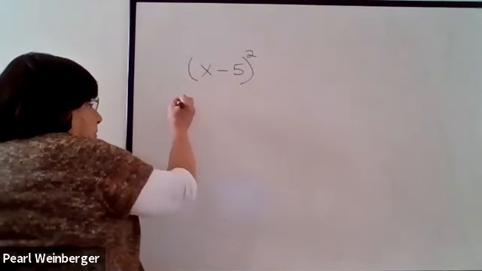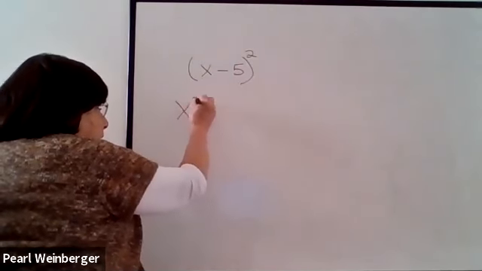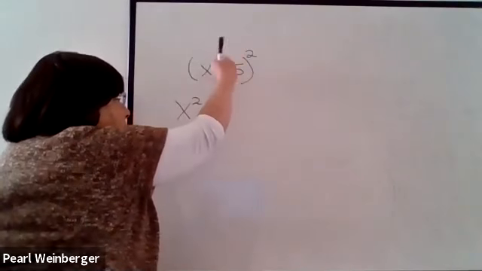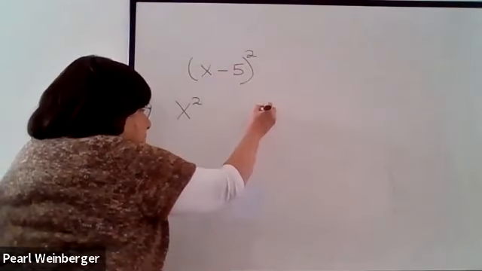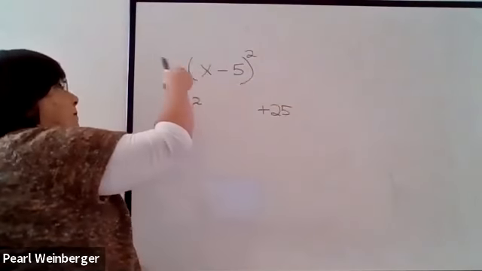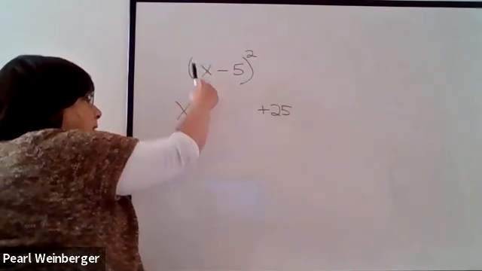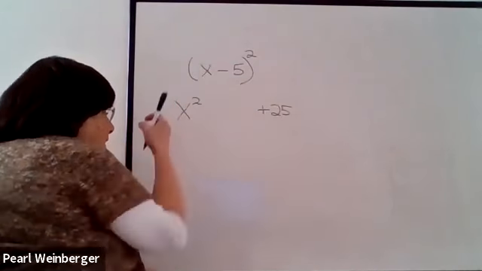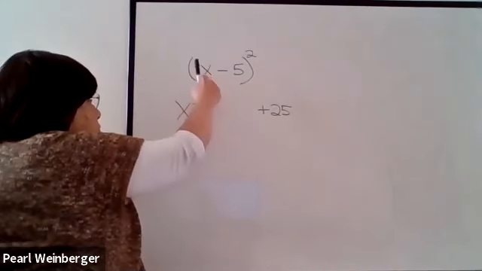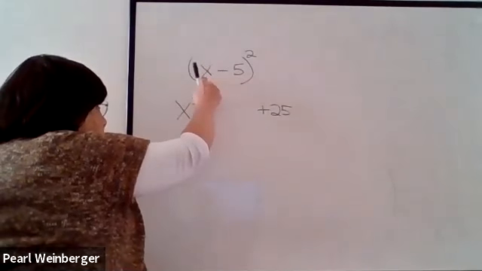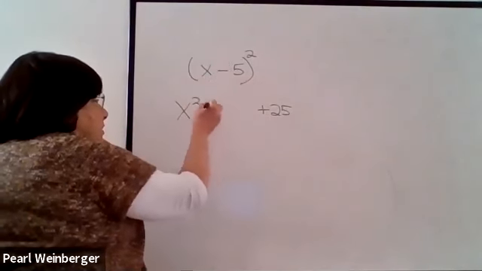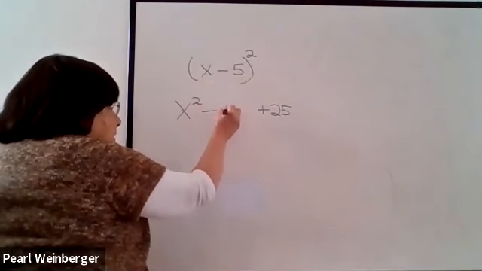Obviously, your first term is going to be x squared. Your last term is going to be this negative 5 squared, in other words, positive 25. And the middle number, remember, this has to give you a trinomial, is going to be these two things multiplied together, negative 5x doubled, which is negative 10x.